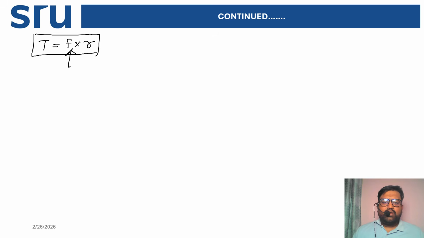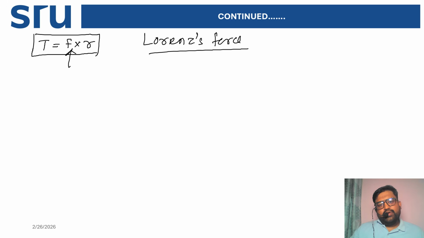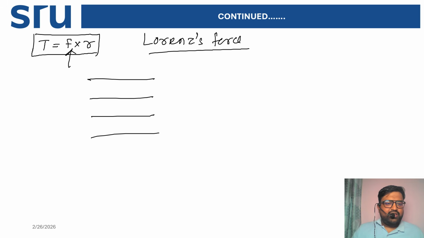Now, coming to the point again, we discussed the Lorentz force. What is that? That is your Lorentz force. We will understand it from the magnetic field and a current carrying conductor. Suppose you see there is a magnetic field. The magnetic field direction is from left side to right, that means north pole to south pole.